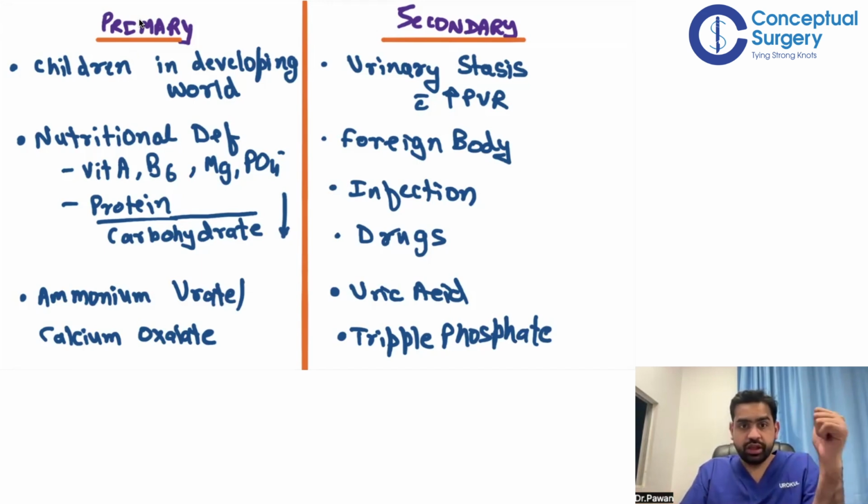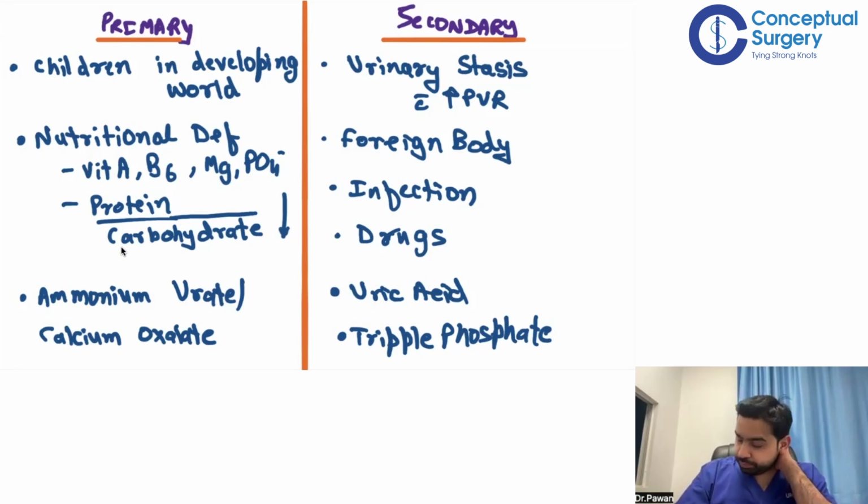That is the first thing. Second, it has a nutritional deficiency like vitamin A, B6, magnesium, phosphorus. The protein to carbohydrate ratio is less, so the protein content of the diet is less. And it is much more common in males as compared to females.